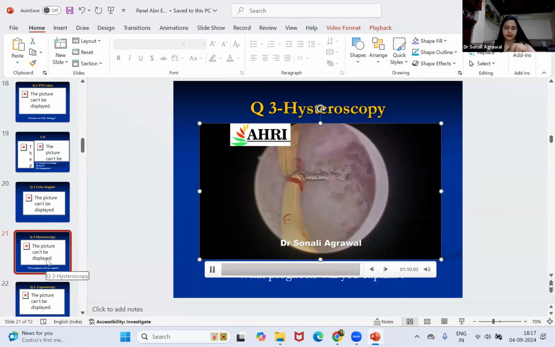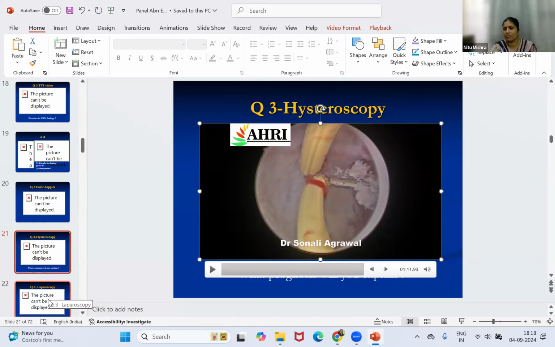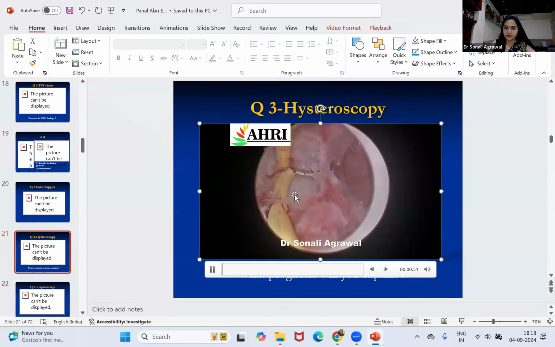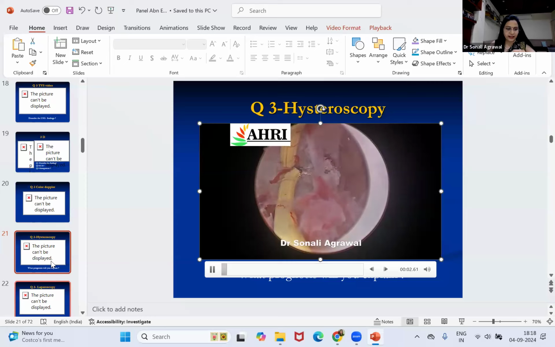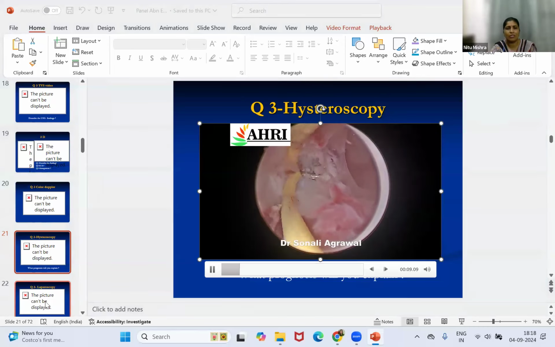It's better to use scissors, but if adhesions are very thick and strong, the scissors will break. You need 5-6 scissors for this adhesiolysis. Always, you can see I have used very minimal current, and very gradually I am moving forward to do this adhesiolysis. We have to be very cautious when we use this.